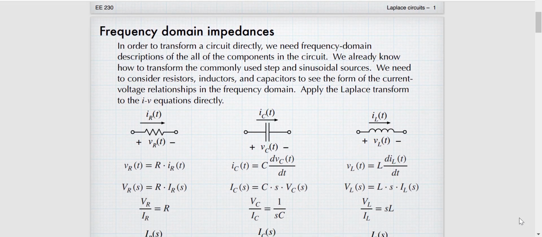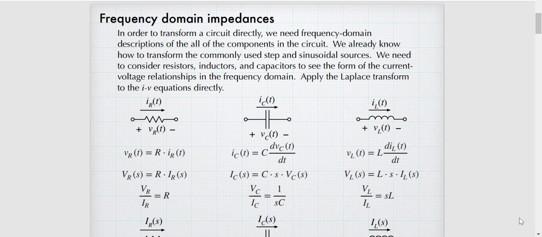So you have to remember, we have three passive components: a resistor, an inductor, and a capacitor. The first one is the resistor. The voltage of the resistor, VR, is R times IR, or the resistance times the resistor current.